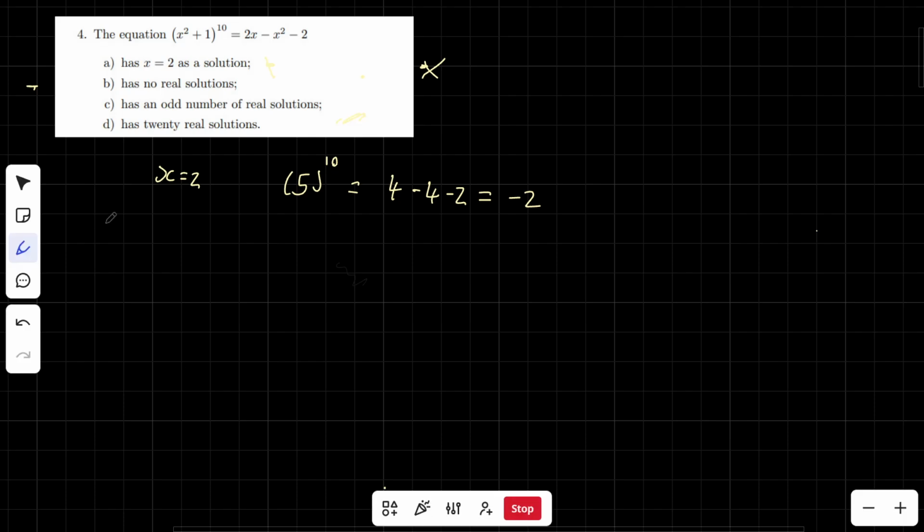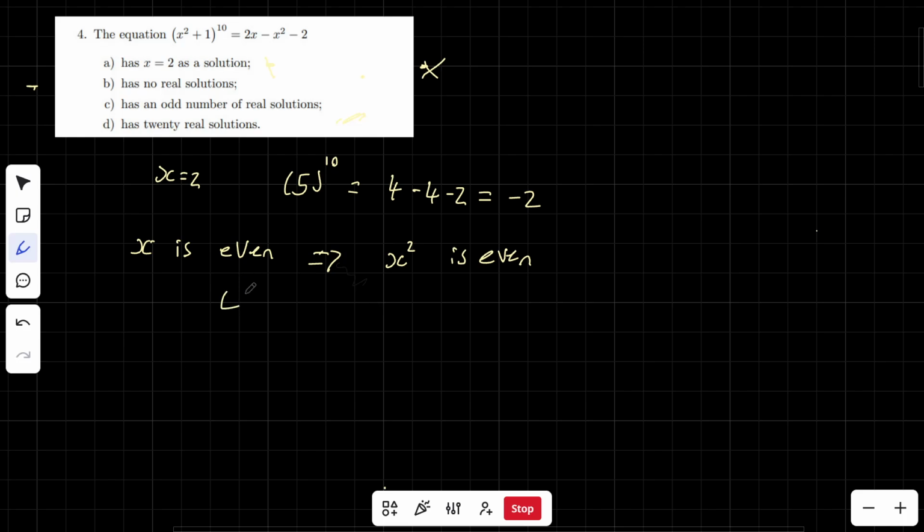The first way, which I quite like, is checking, okay, let's say x is even. If x is even, then x squared is even, and so x squared plus 1 is odd, and anything odd raised to the power of 10 will be odd.